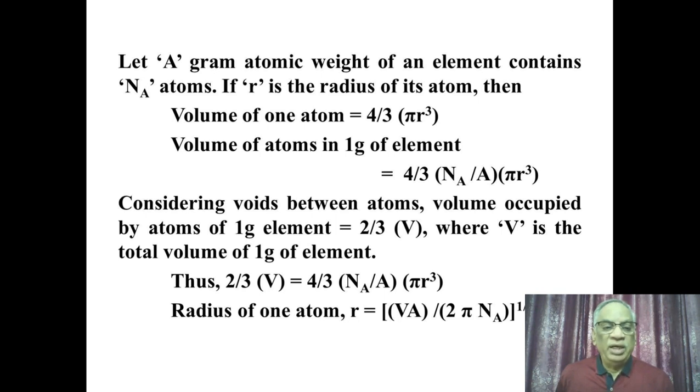Then the volume of one atom is 4/3 πr³, and the volume of atoms in 1 gram of element is 4/3 πr³ times the number of atoms. Because 1 gram atomic weight of element contains Na atoms, 1 gram of element contains Na/A atoms. So the volume of atoms in 1 gram of element is 4/3 πr³ × Na/A.